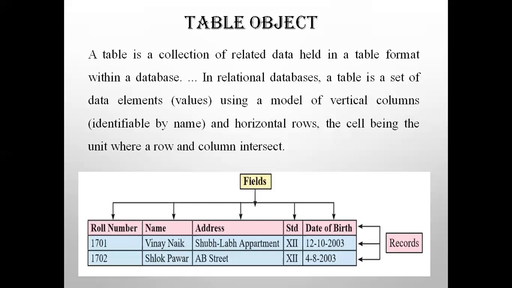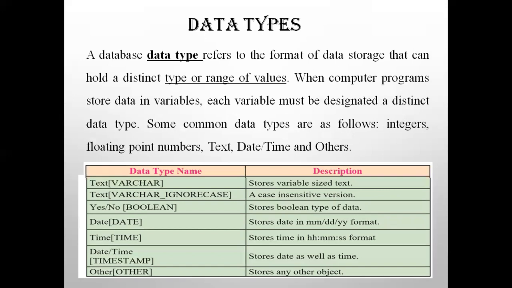Next, let's see the various data types in a LibreOffice Base table. A database data type refers to the format of data stored that holds a distinct type or range of values. Data type means type of data which is stored.